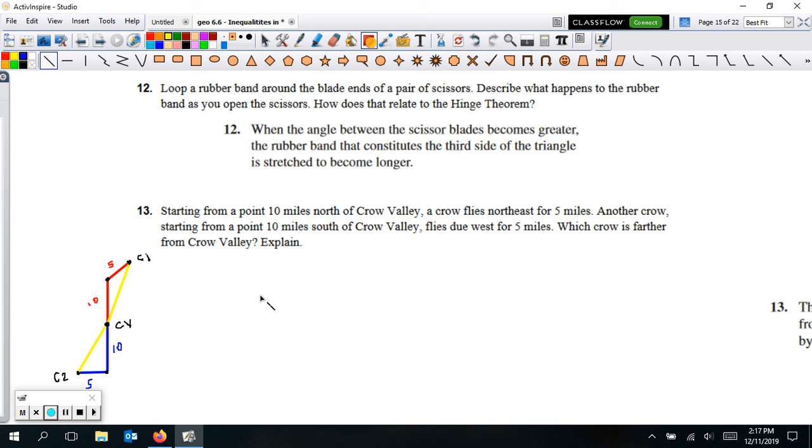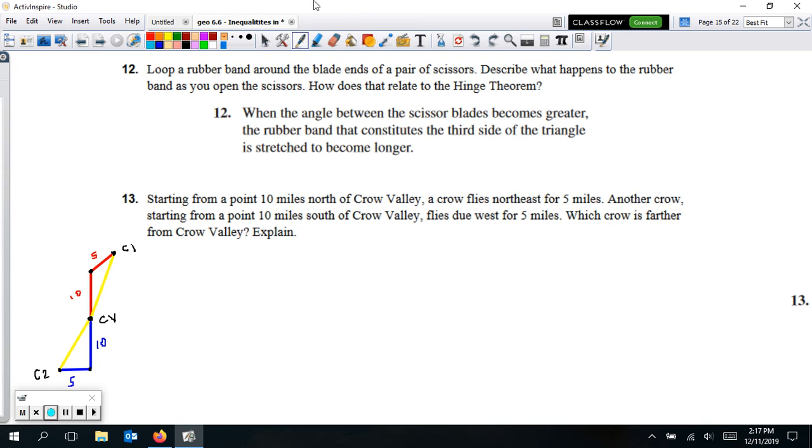So that's actually a 135-degree angle right there. Let me write that down. This angle is 135 degrees. And this angle we know is a right angle at 90. So because 135 is more than 90, crow 1 is further.